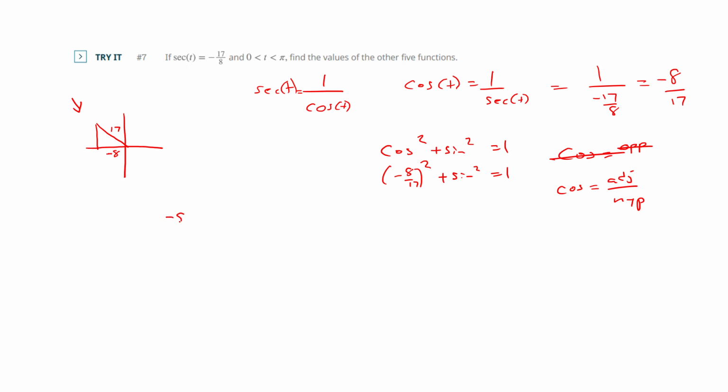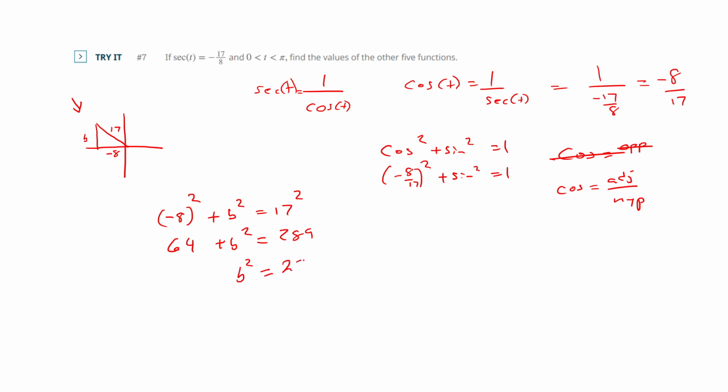So wouldn't the Pythagorean identity or theorem just say negative 8 squared plus b squared is going to equal 17 squared? So this is 64 plus b squared. I don't know what 17 squared is. 289. Okay, so I'm just going to subtract 64 from the other side.